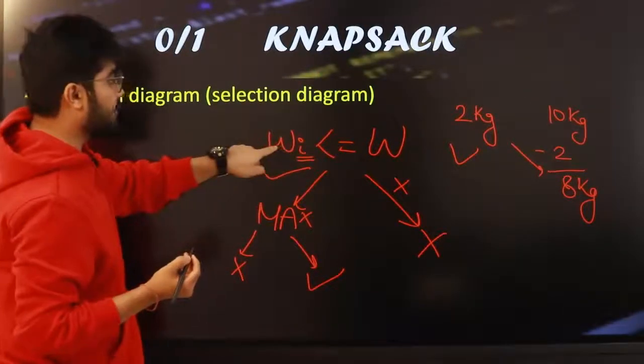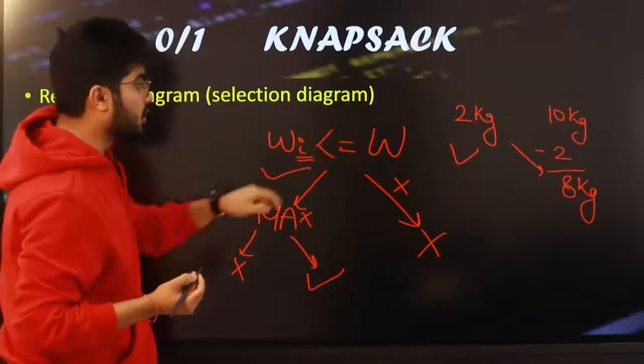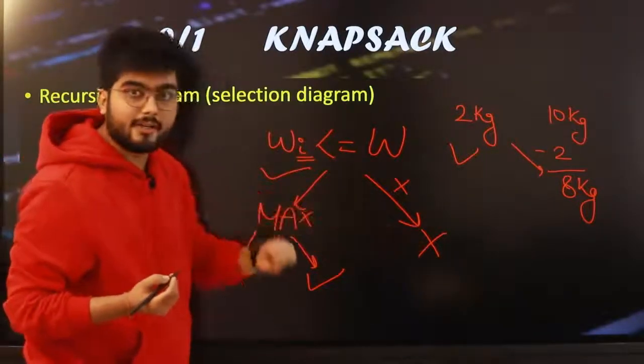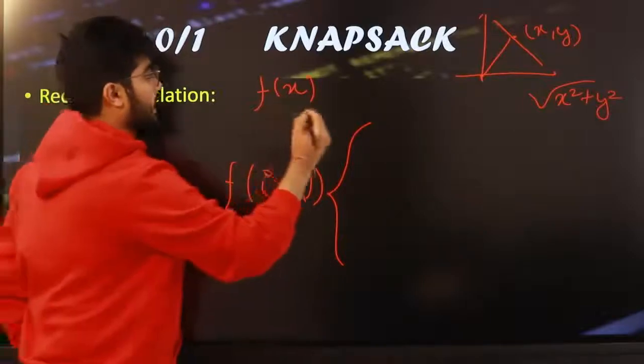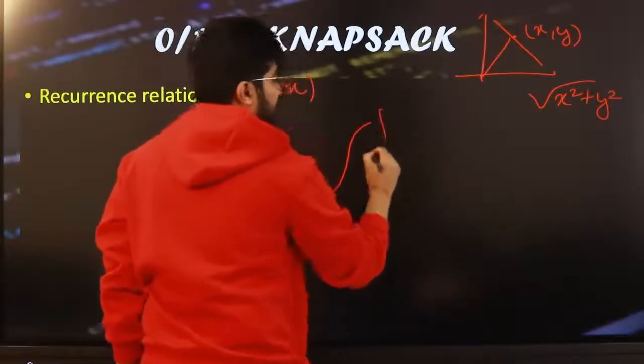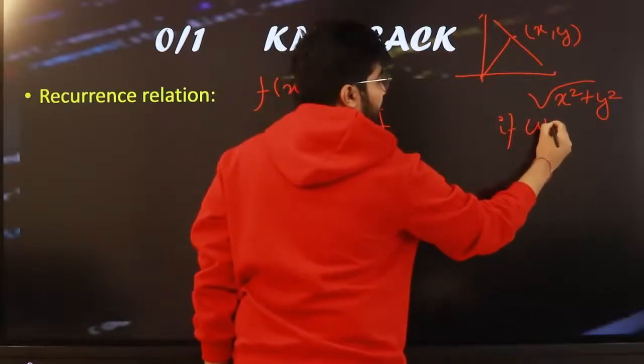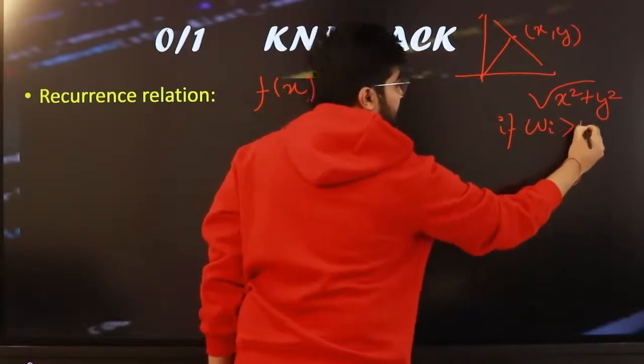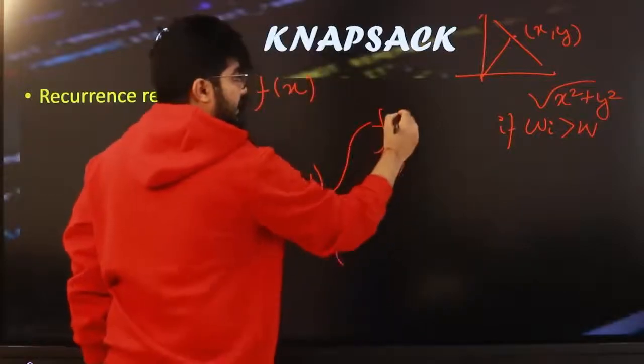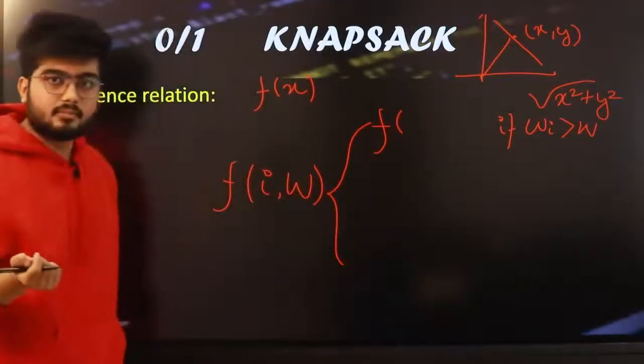The diagram says if W of I is less than equal to W. Now, if that is false, then we will not include this particular item. That means, let's say our W of I is greater than W. If that is the case, then we'll move towards the next item.